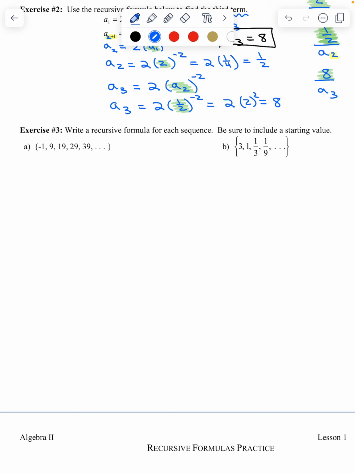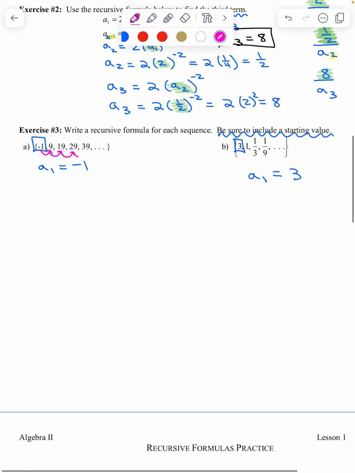Okay, now let's look at question number 3. Sometimes you're asked to write a recursive formula, and you have to make sure that you include a starting value. Right? So for both part A and part B, I'm going to say what the value of my first term is. And now the next part is you want to look at the pattern. How do I get from -1 to 9, 9 to 19, 19 to 29, and 29 to 39?